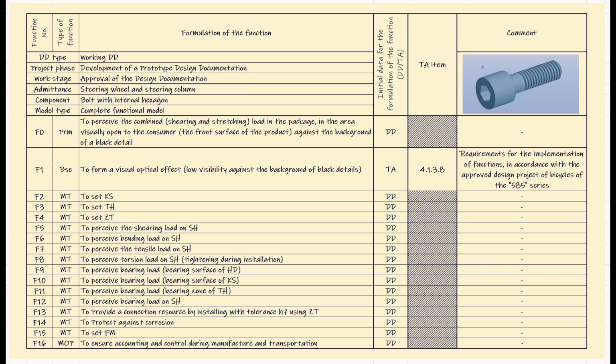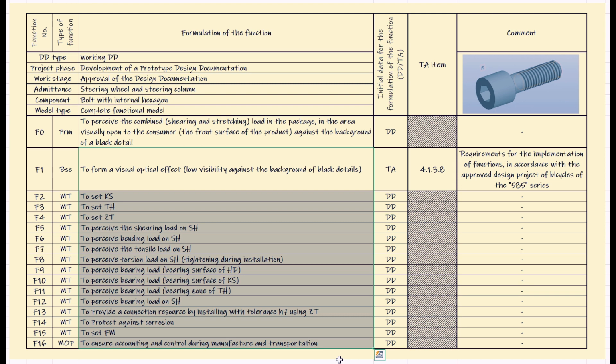In the case of the standard table of functional basis, we have information that fully meets the requirements for the formulation of functions for the functional model, since these formulations comply with the rules for the formulation and classification of functions, which we considered in issue number 7 of the course engineering training course.